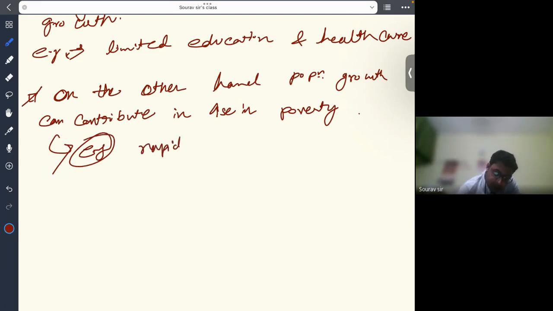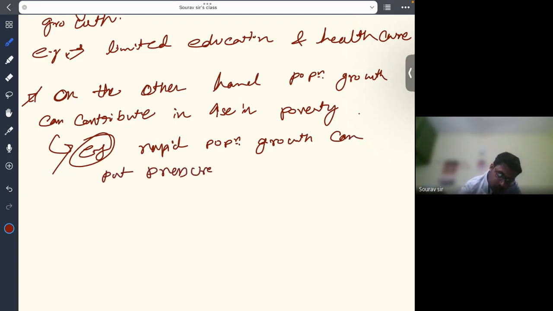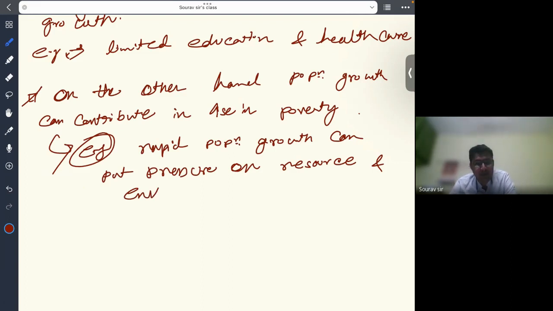Rapid population growth can put pressure on resources and environment. It is important to note that the relationship between poverty and population growth is not one dimensional.